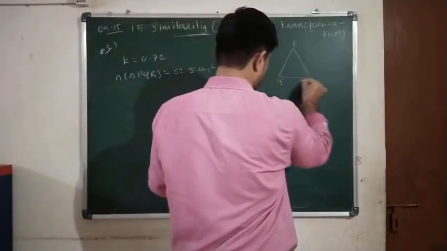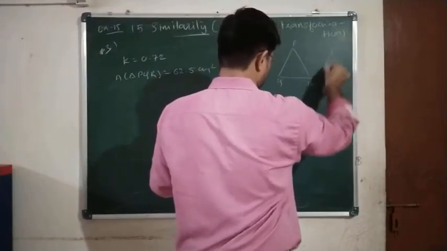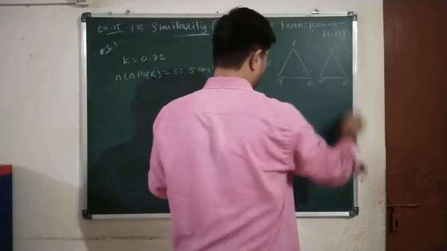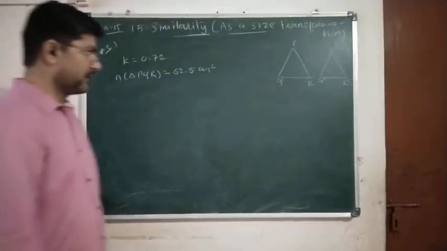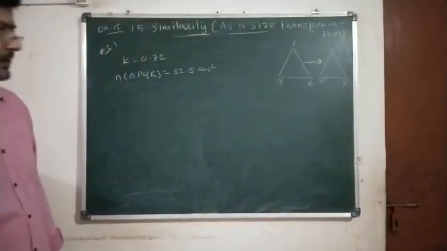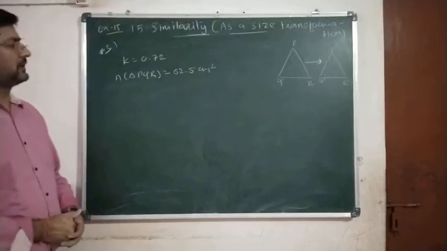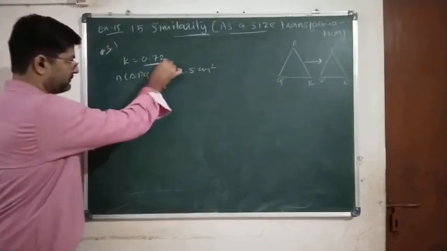From the bigger PQR, we are getting a smaller P dash, Q dash, R dash. However, you are not given the name here, but only to understand that the transformation is a reduction. How would you know? From the value of K, it is less than 1.